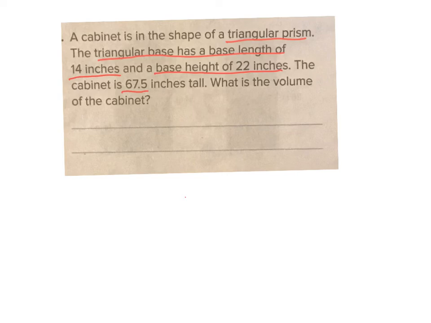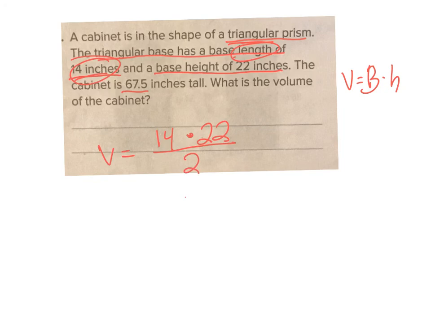So if I want to find its volume, volume equals my base of a triangle times the height. In this case, the base of the triangle is the length times the width divided by 2. So volume equals 14 inches times 22 inches, and I'm going to cut that in half, and I'm going to times that by the height of the cabinet, which is 67.5.